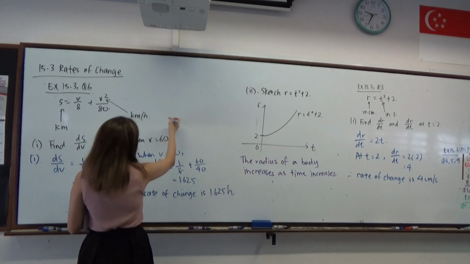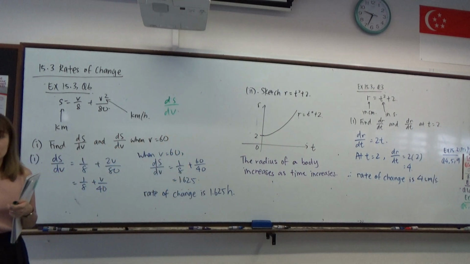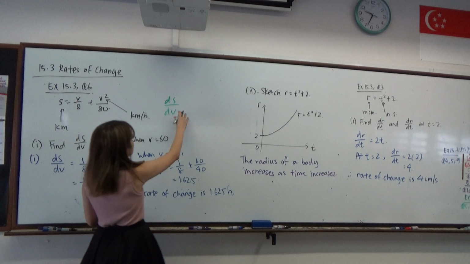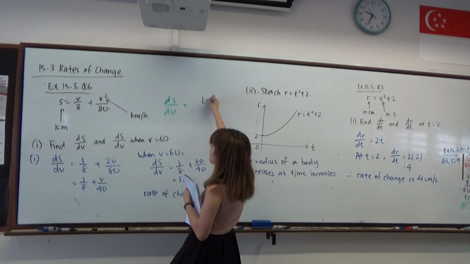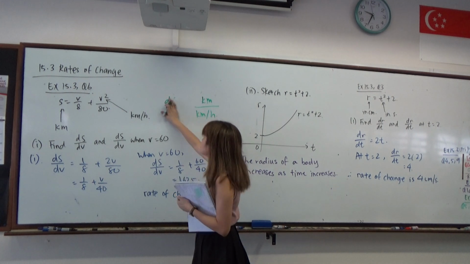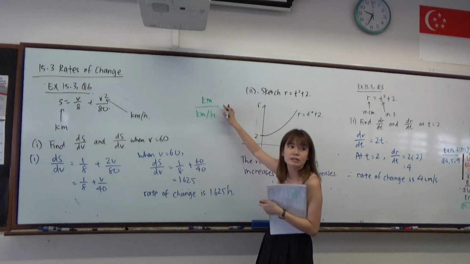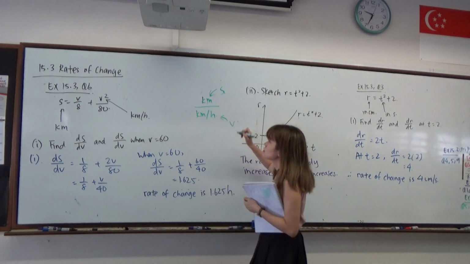Because the units in this case for ds over dv, I'm just writing in loose notation, so you cannot write it in this way. s is actually in km, then divide by kilometer per hour. ds over dv, this is s, this is v's unit.